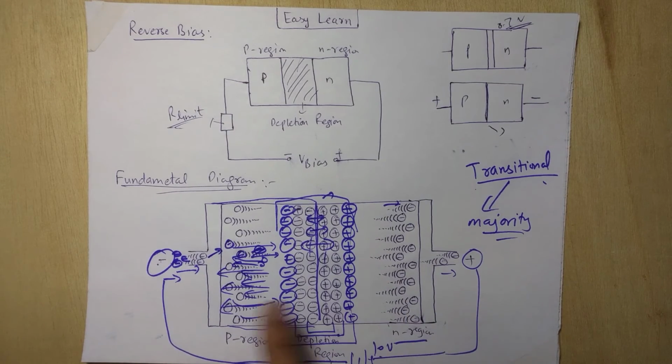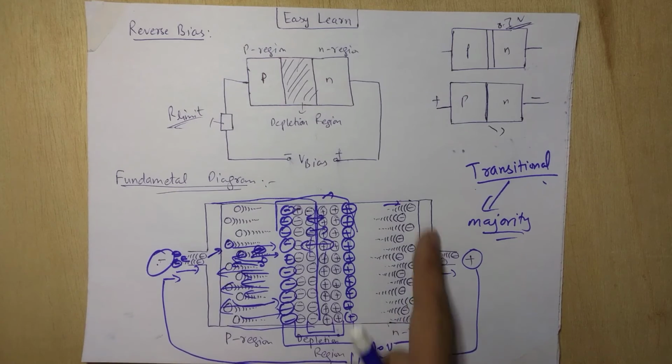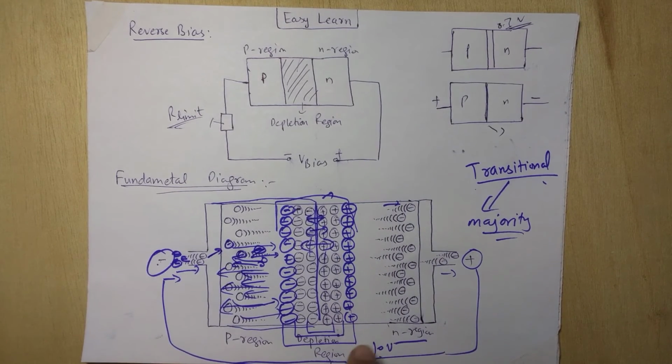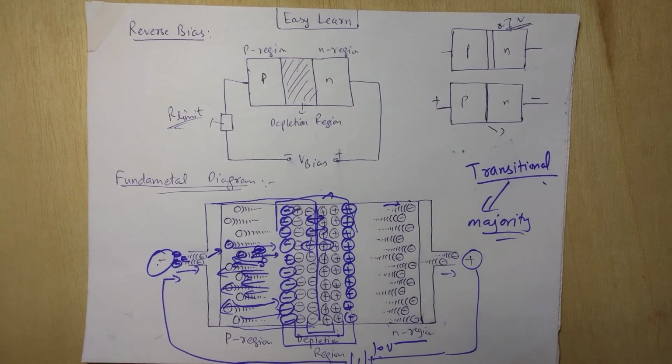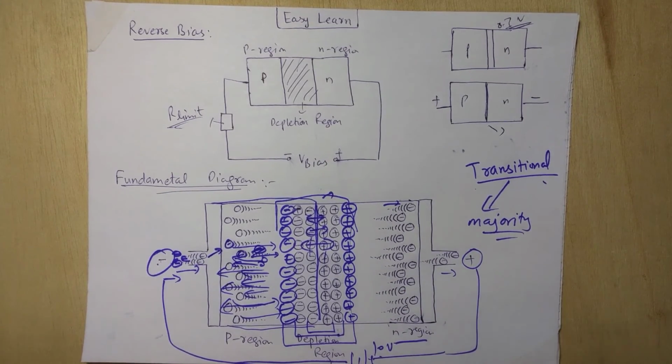Then there is a small reverse current, a leakage current, which I will discuss in the next video. That is because of the minority carriers. Minority carriers take part in the reverse current or leakage current of the diode in reverse bias, because the majority charges are already over, so they do not take part in any reverse current.